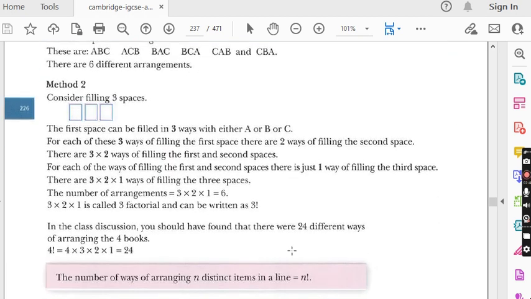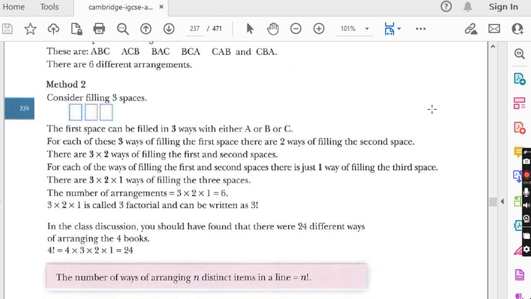This is method 2. Consider filling 3 spaces. So you have 3 letters A, B and C. For the first letter, in the first empty square we have 3 choices, and after filling the first square, for the remaining 2 letters we will have 2 choices in the second box, and after filling the second box we have only 1 choice for the third and last one.